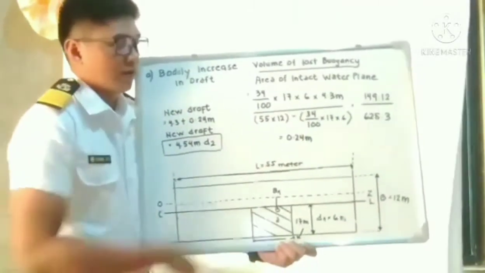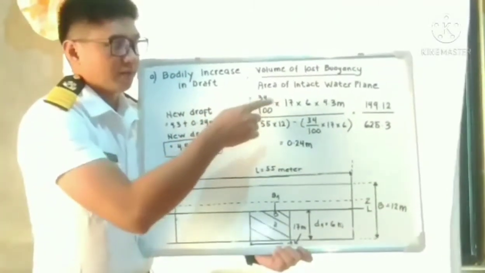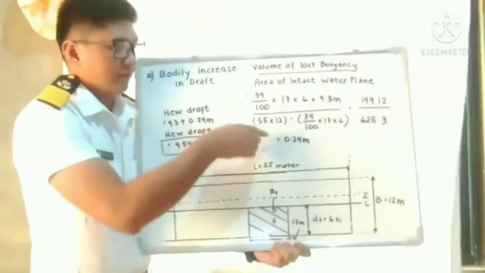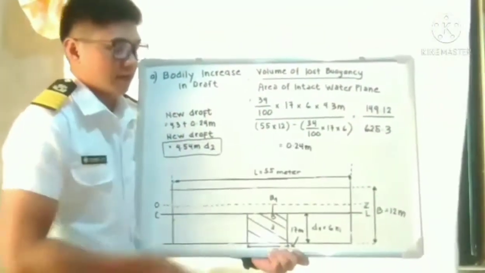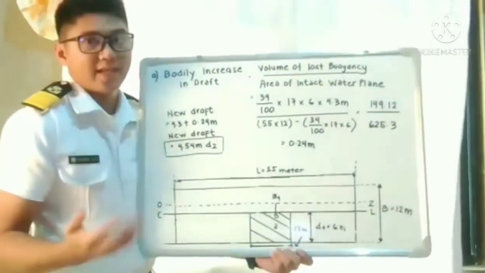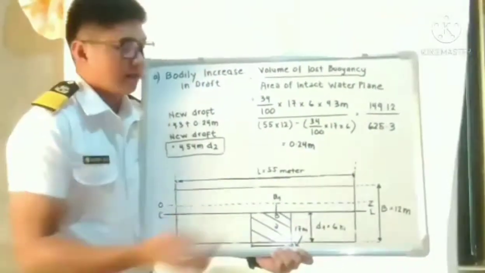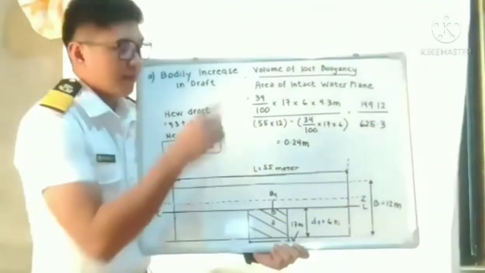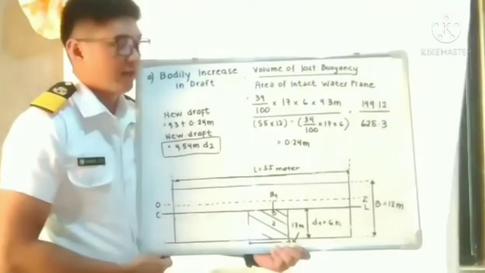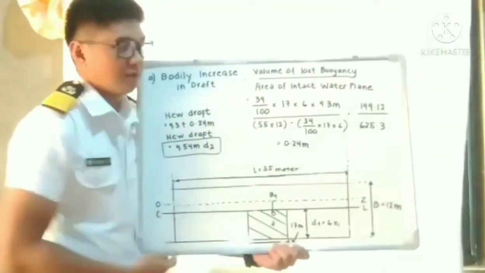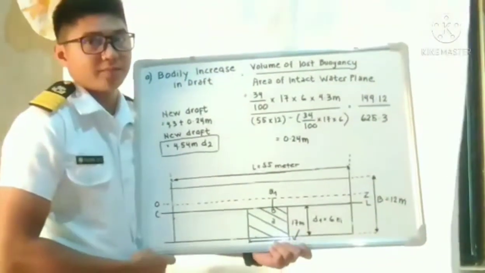As you compute this, you have the numerator value of 149.12, over the area of the intact waterplane: 55, which is the length of our box-shaped vessel, times 12, the whole value of the breadth, minus 34 over 100 times 17 times 6. You get the denominator value of 625.3.